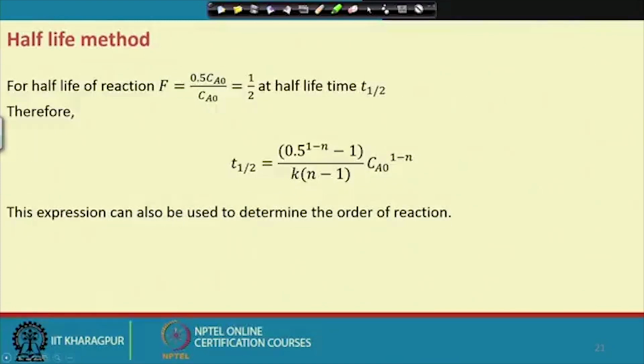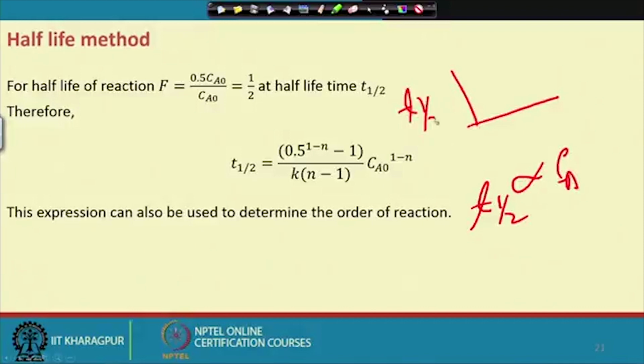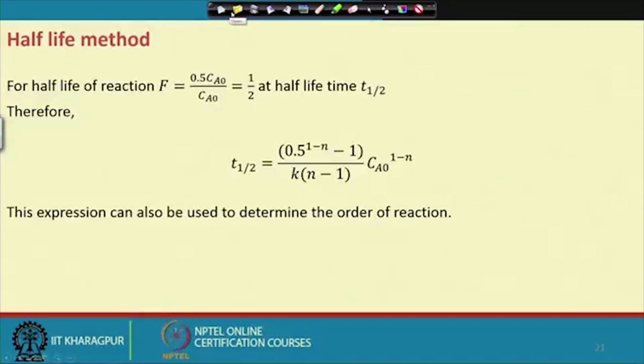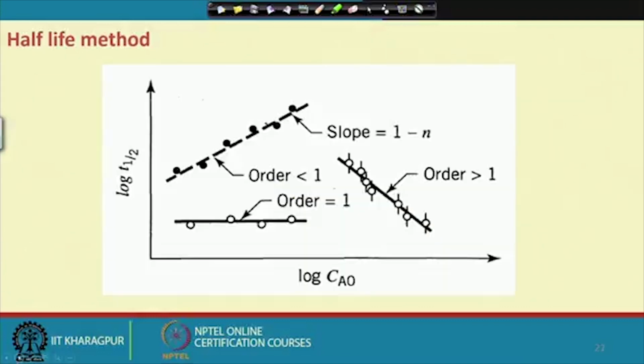This will be positive. Then T half is directly proportional to Ca. What I can write is that here T half will be directly proportional to Ca. So as the T half changes with the Ca value, then this also will change like this. So this is what I want to point out. This is a very good relationship that we have.